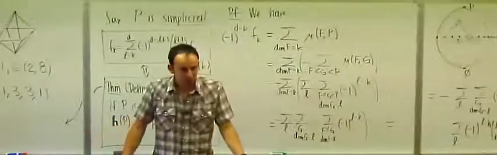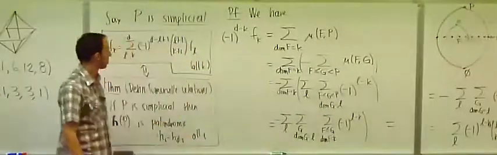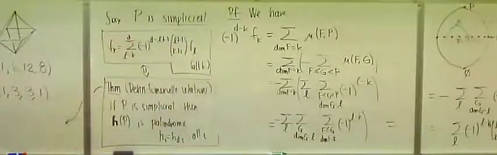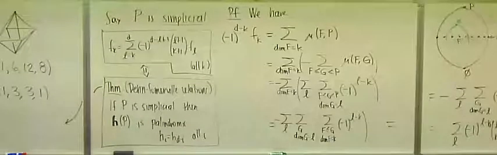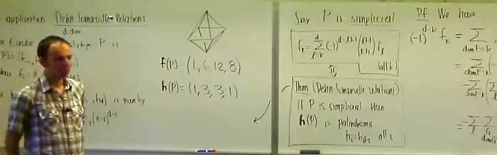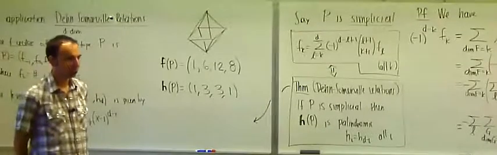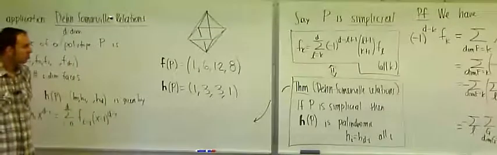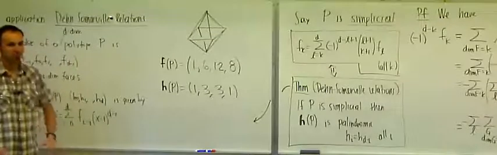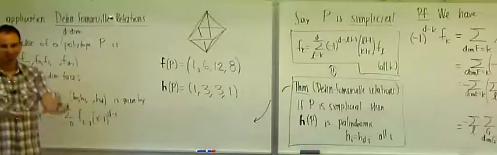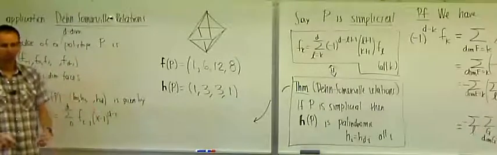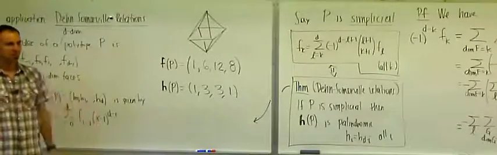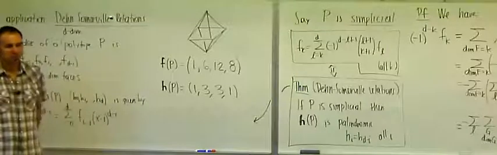I think another natural question that you should wonder is, okay, well, why simplicial? Should I care about simplicial polytopes? Is it likely that I'm simplicial, or is it unlikely that I'm simplicial? What do you guys think? If I just throw some points in space, and I say, okay, there's a polytope, is that likely to be simplicial or not?